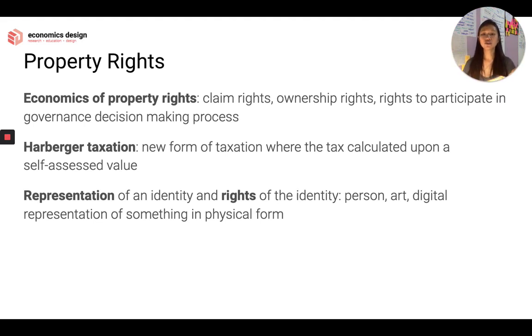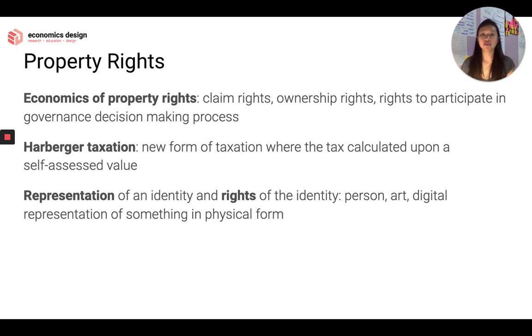We are also looking at a new taxation model called Harberger's taxation. It's by an Austrian economist, whose research is all about taxation. So he's looking at new forms of taxation. Now usually tax is assessed, so tax can be 10%, based on a value that's defined by people.